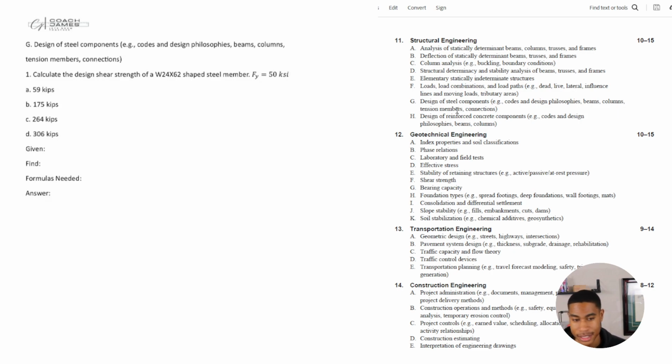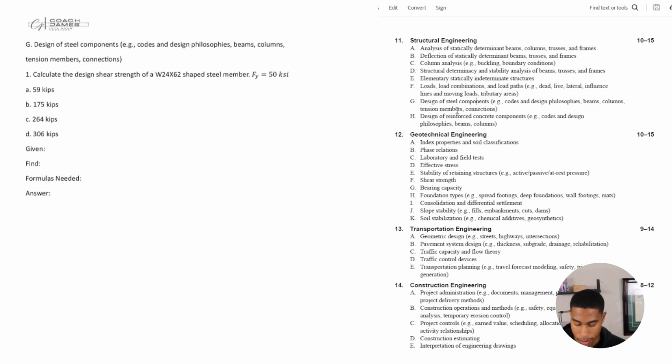For some people it may be easy. Some people's strengths are structural engineering, but mine was not. So as I go through these, hopefully it will help you if you're similar to me and struggle with structural engineering. Let's take a look at some of these problems.